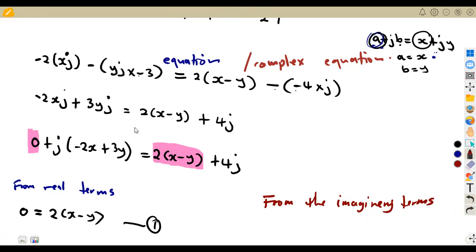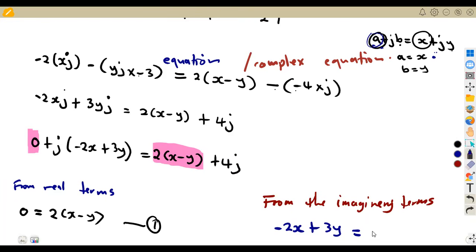So we're going to equate what is remaining. This part is affecting our j and it's a positive on that part. So we are going to take it as minus 2x plus 3y is equal to what is affecting j on the other side of the equation, on the right-hand side. J here is affected by what? By 4.